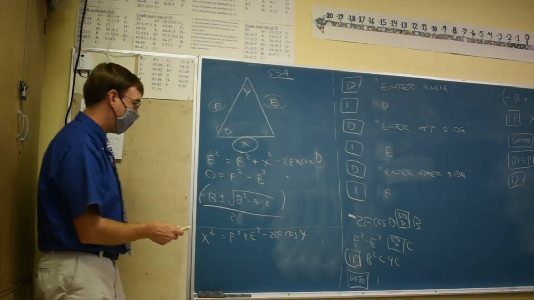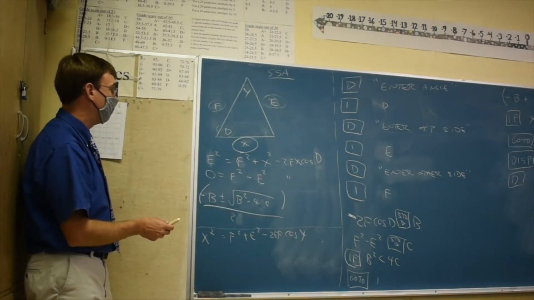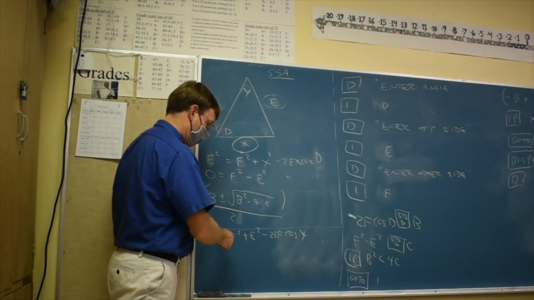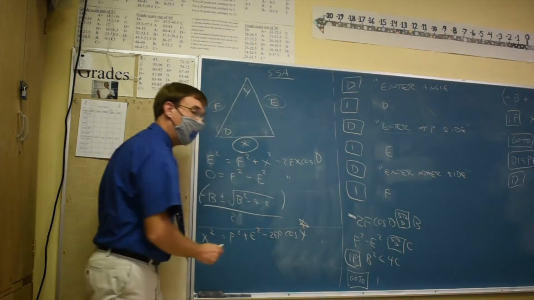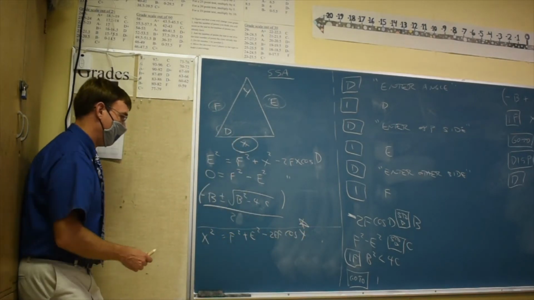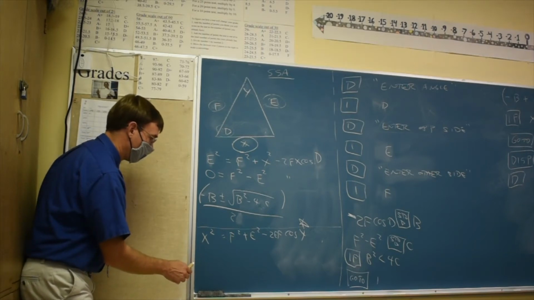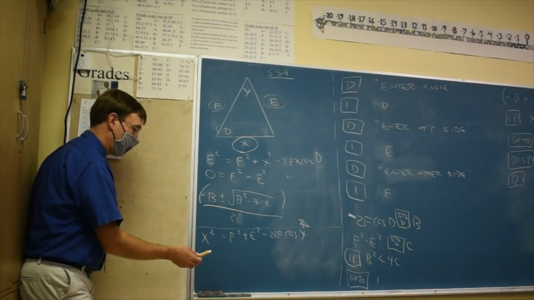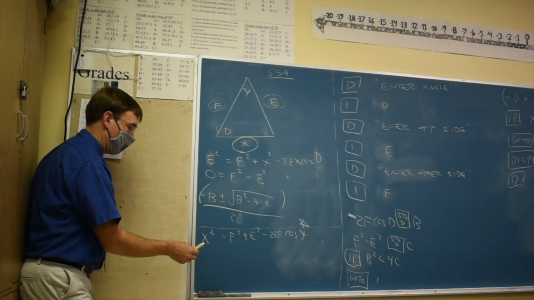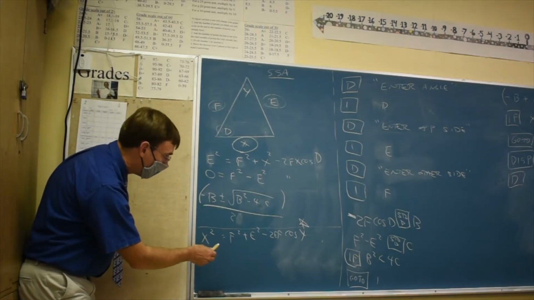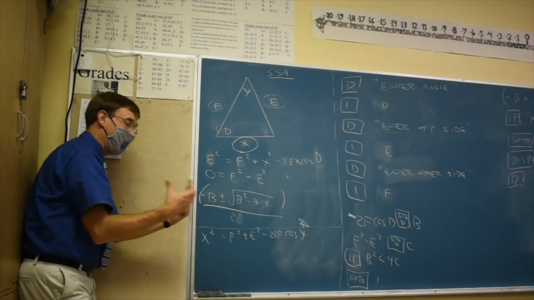And again, which letter are we after as our unknown right now? Y. Y is the one that's not known. That's what we're after. So who's got to go? All the stuff. What's going first? The f squared and the e squared have to go.